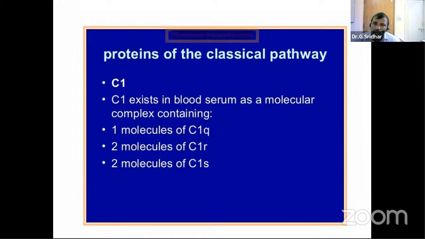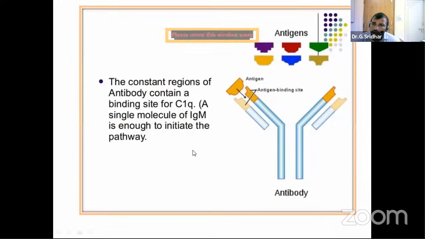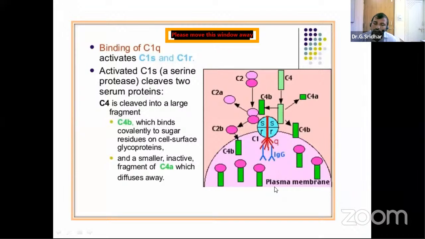Now you can see here, this is the Fab region where the antigen is binding. This is the Fc region. To this Fc region, the immunoglobulin or the component proteins will be attached. Once the component proteins are activated, C4b will go and activate C2.